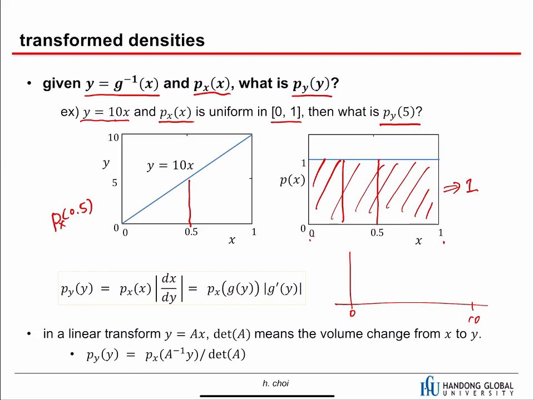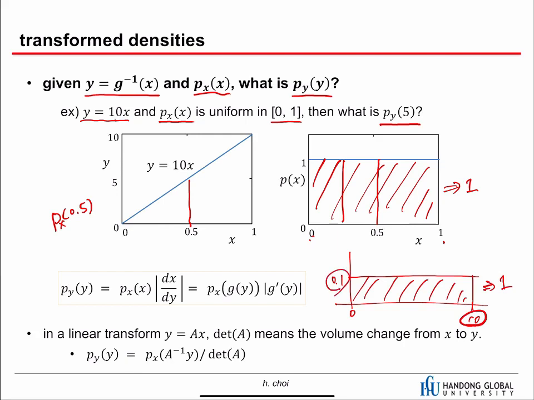Then what is the probability of this uniform distribution? It should be 0.1, right? So that the area can be 1. Since we have 10 here, it should be 0.1.